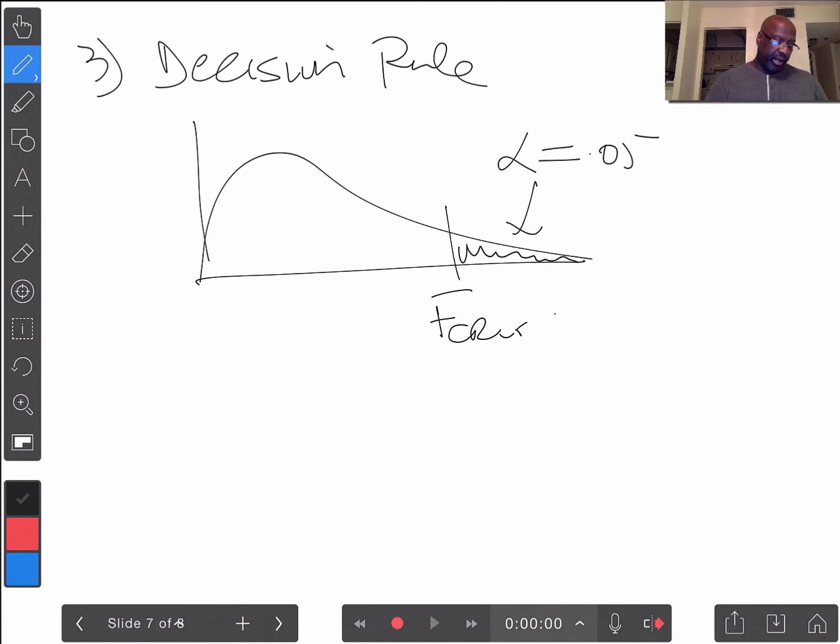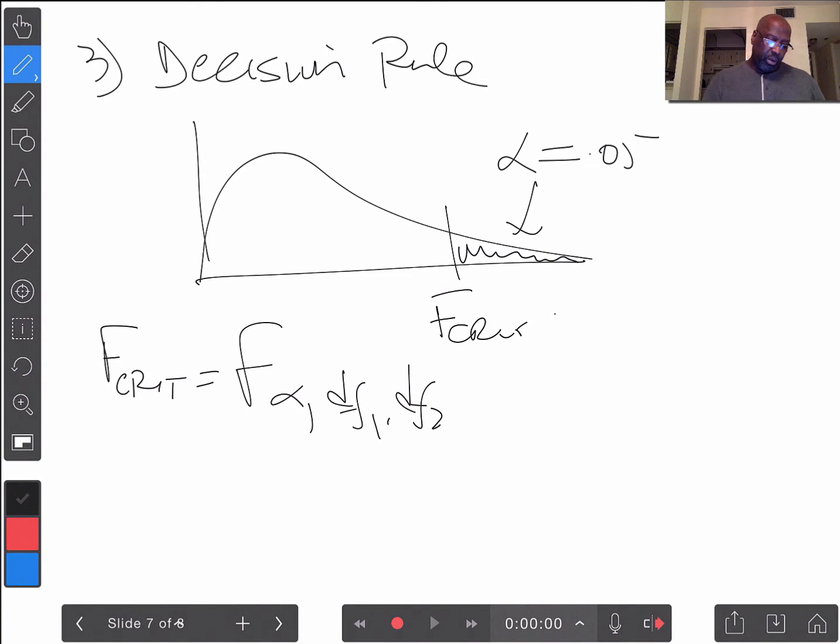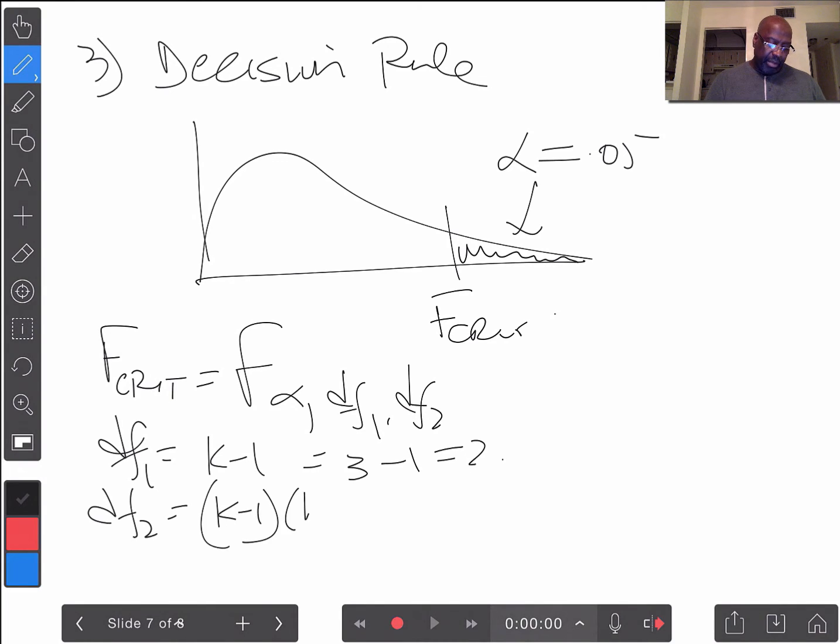And we know that F critical is F alpha, DF1, DF2. So what's DF1? DF1 is K minus 1, which is 3 minus 1, which is 2. DF2 is K minus 1 times B minus 1. But we have 3 treatments, 3 minus 1, and we have 5 blocks. So that's 4 by 2 is 8.